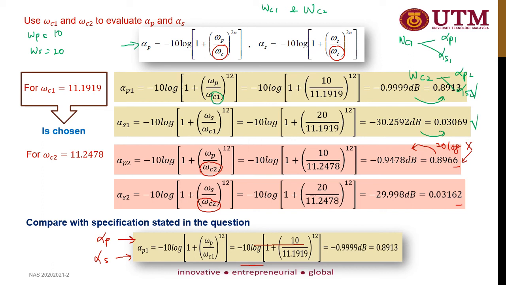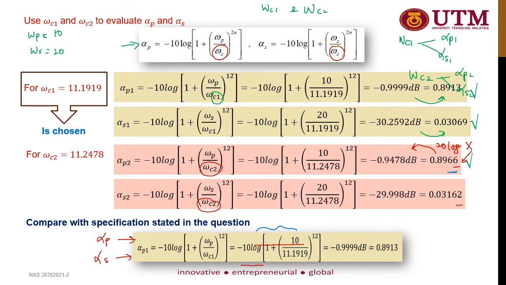Therefore, this also passes or fulfills the requirements. So let's check for omega C2. So alpha P2 is 0.896. So it lies in between this value. So this also fulfills the requirements.